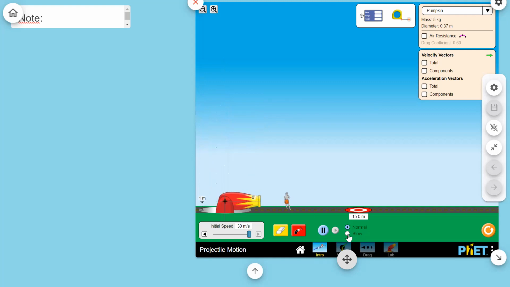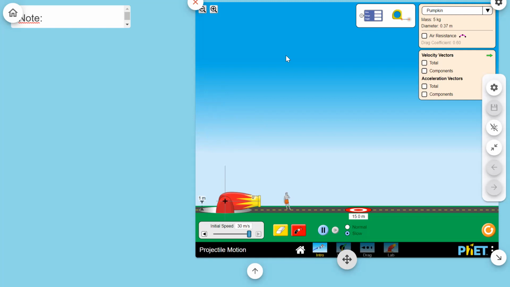And then you can put slow motion. Now here, we assume there is no air resistance in this simulation. And then you can also click component velocity because that's very important for us to analyze the projectile motion formula.